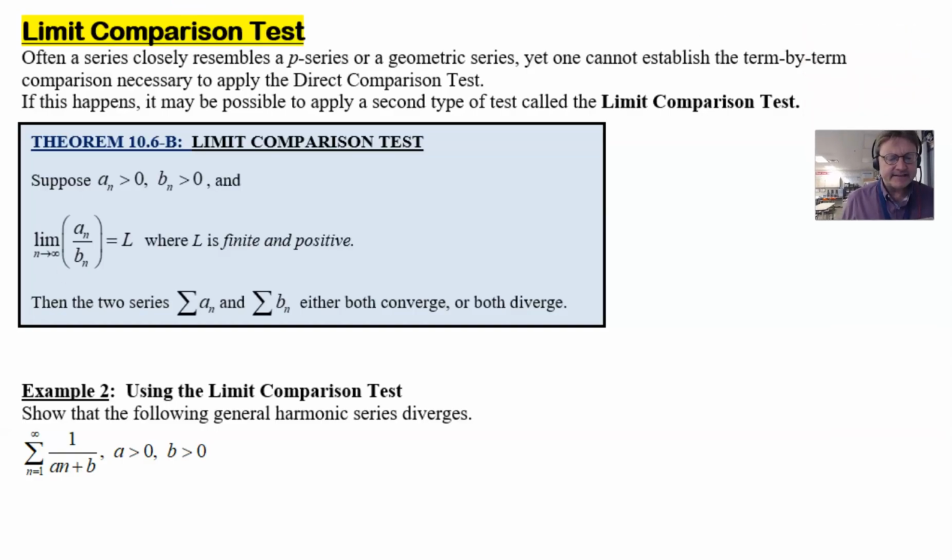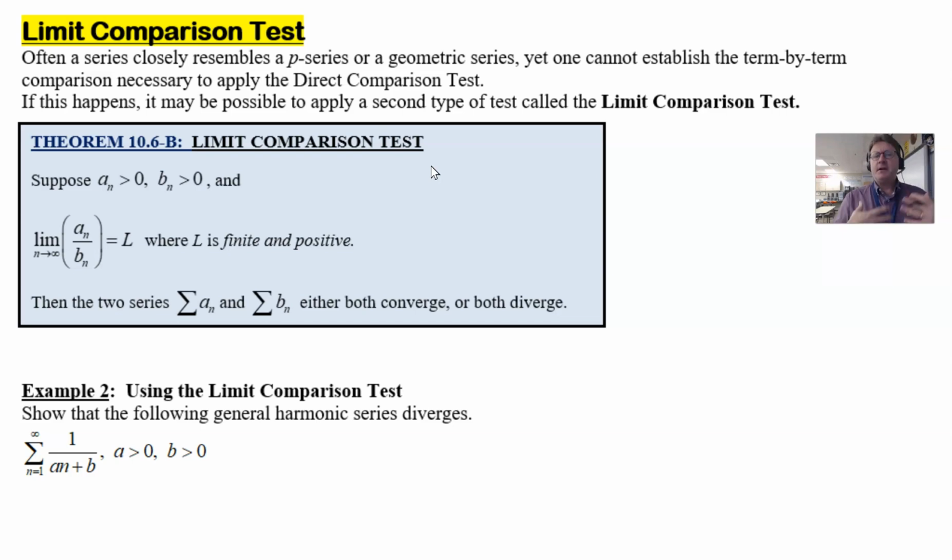Now, often a series will closely resemble a p-series, or maybe it resembles a geometric series. But the problem is that you have a really difficult time establishing a term-by-term comparison that will allow you to use the direct comparison test.